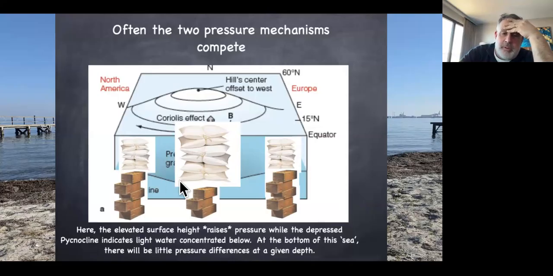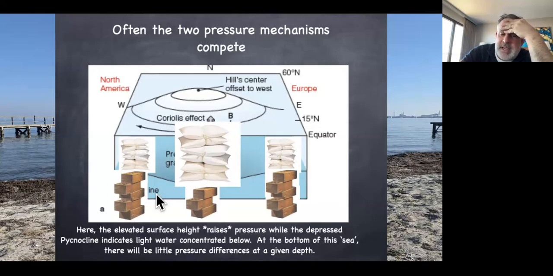And when we get below the pycnocline, we start counting up dense water, bricks. So the pressure starts accumulating, even though the pressure right here is lower than the pressure here. As soon as we cross into the pycnocline, the weight starts accumulating faster than it is here because the bricks are denser than the pillows.